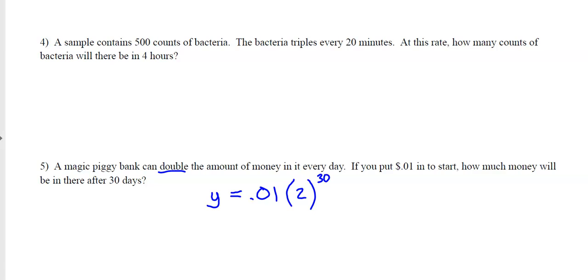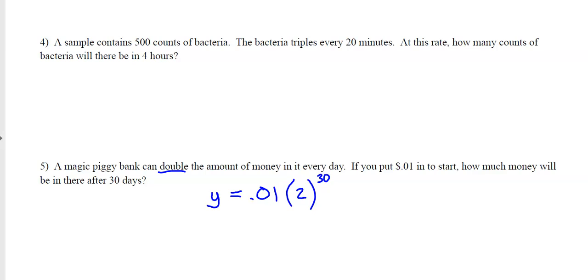So start with basically a penny and double it for 30 days. It's almost unbelievable when you put this in your calculator, but doubling gets out of hand pretty quickly. 0.01, parentheses 2, parentheses, the caret symbol, to the 30th.